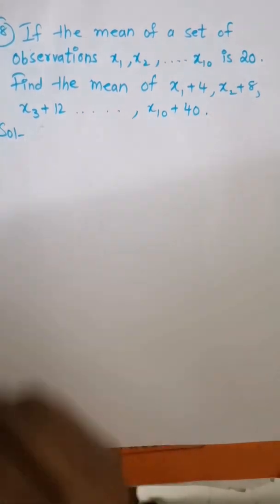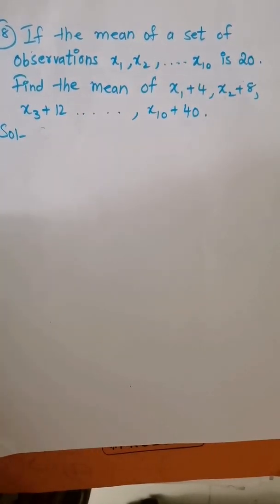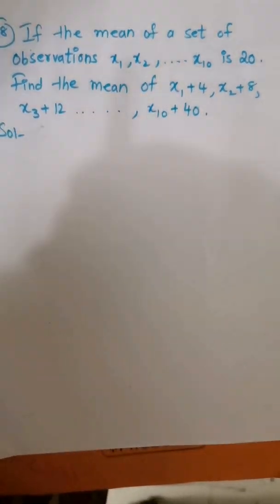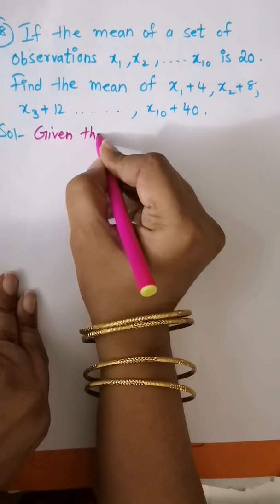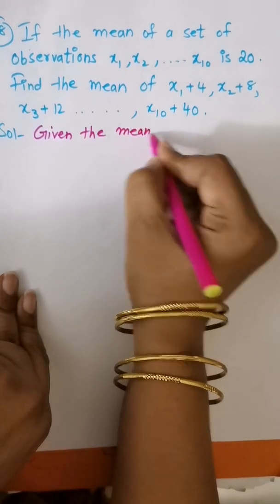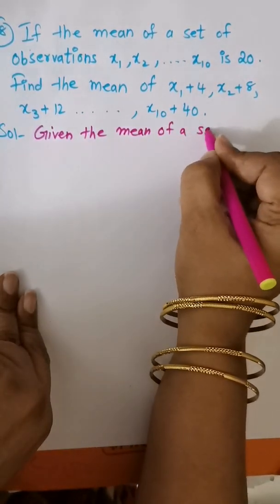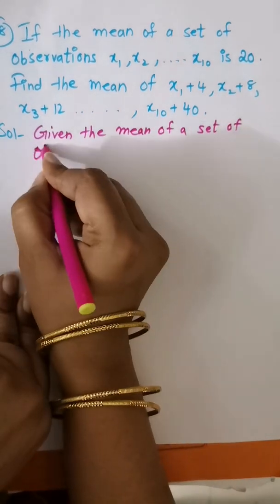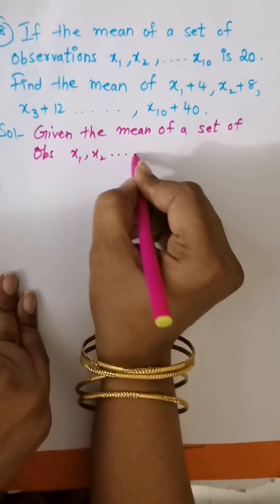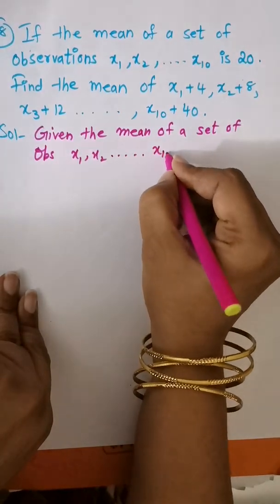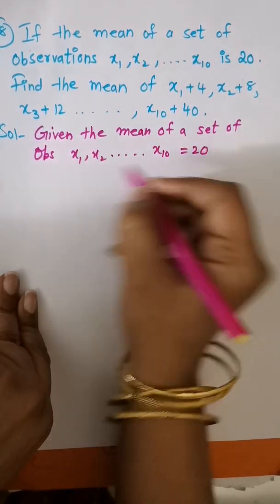Given the mean of a set of observations x1, x2, ..., x10 is equal to 20.